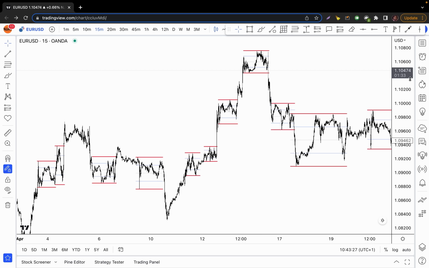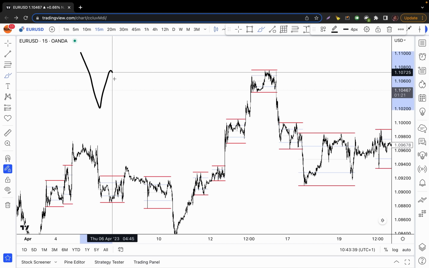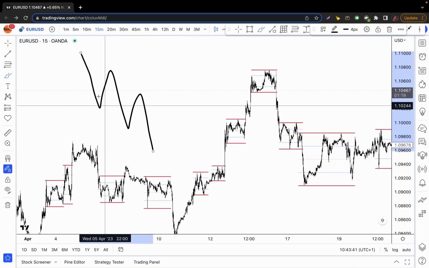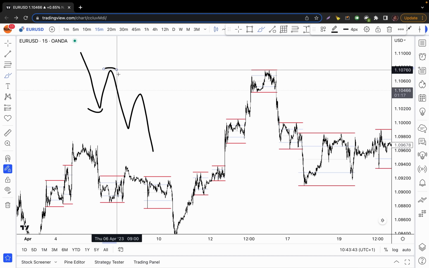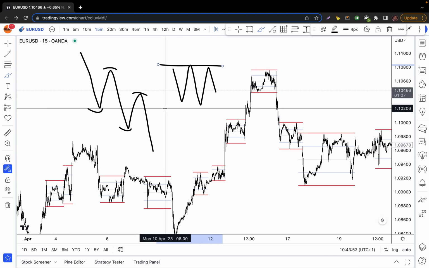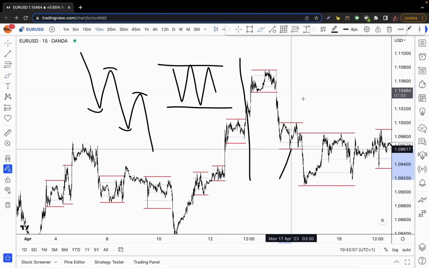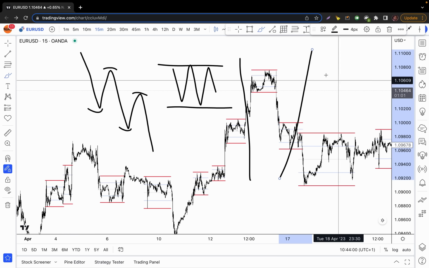Okay, so if you have a look at the chart now, what we can see is the framework being applied to the understanding of how the market actually moves. If you haven't seen our market structure video, have a look at that. So we have an understanding that price is either trending here, where we're making lower highs and lower lows overall, or we're moving sideways, which means we're not making lower highs and lower lows, we're just contained in a sideways range, or we're initiating, which means price is moving very aggressively in one direction or the other.